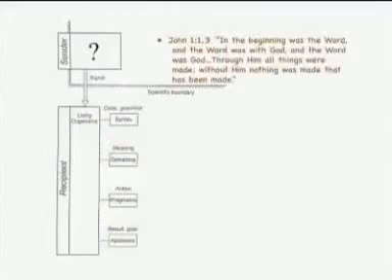And more about the person of the sender we find in the New Testament. In the beginning of the Gospel of John we read, in the beginning was the Word, and the Word was with God, and the Word was God. Through him all things were made. Without him nothing was made that has been made.